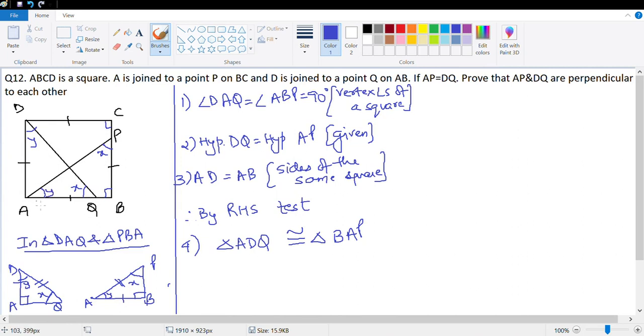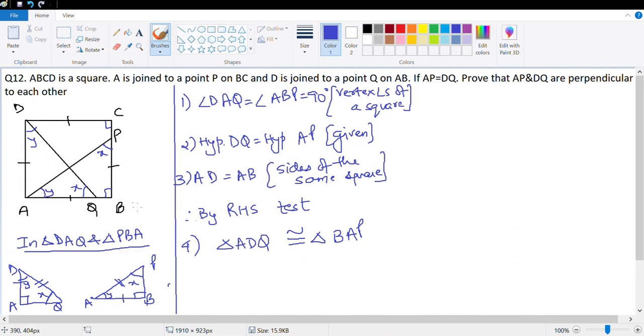Does it help me with something? Let's see. And it also gives me that this angle is equal to the other angle DQA. Okay, so let's just write that down.